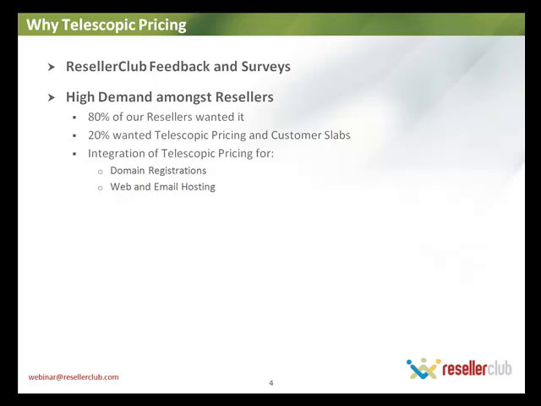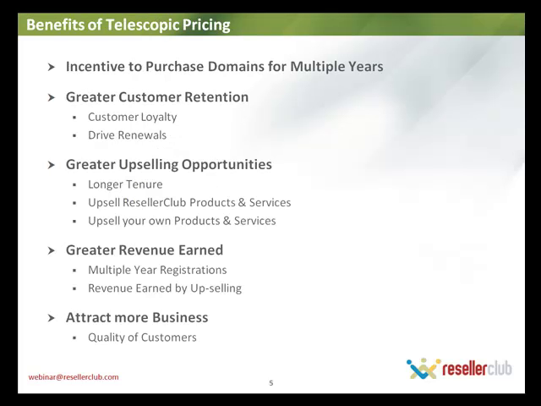Right, so now what are the benefits of telescopic pricing? Apart from the high demand from our resellers, there are many more benefits. We've put down some points that we think can work in favor of our resellers. First, incentive to purchase domains for multiple years.